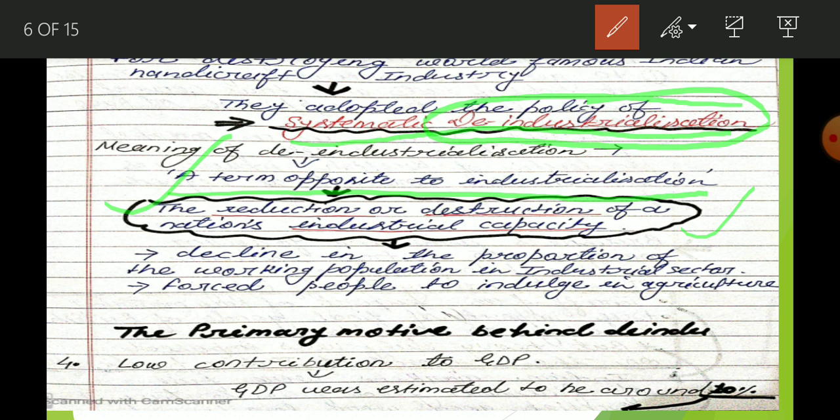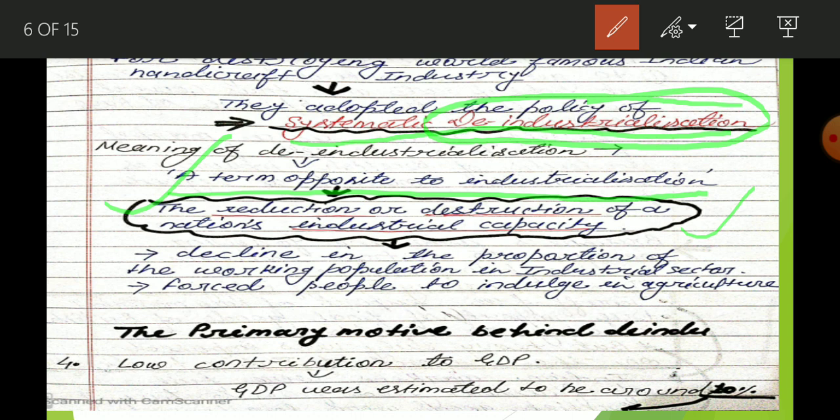This cotton textile industry was world famous, considered the best in the world. So when they destroyed it, the people who were getting employment in handicraft industries became unemployed.